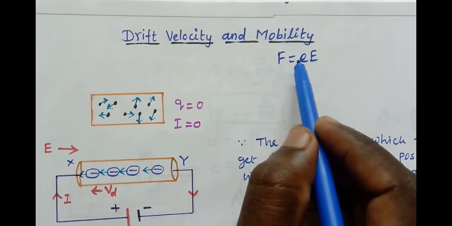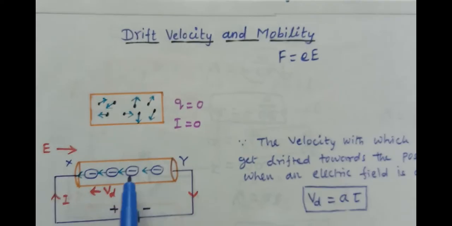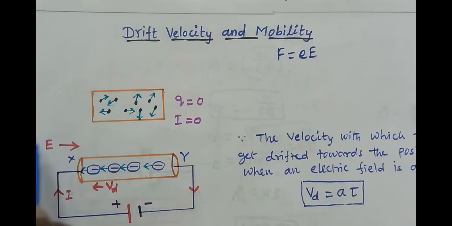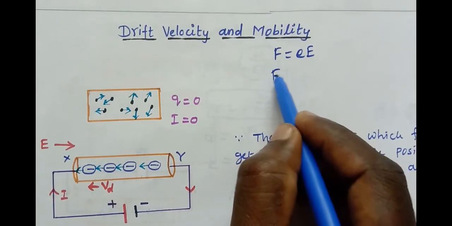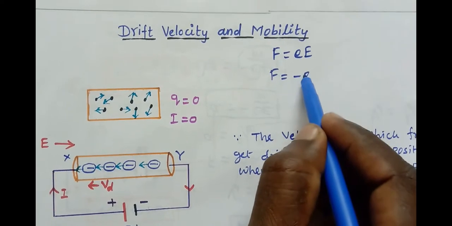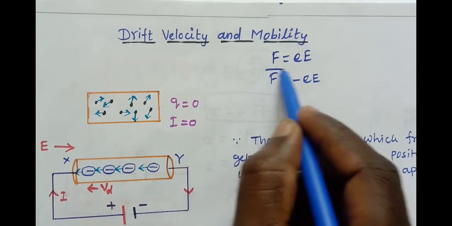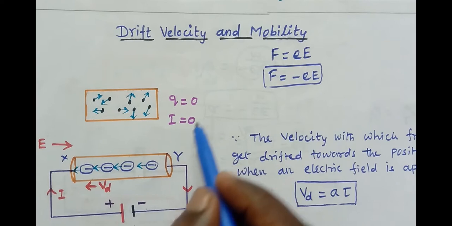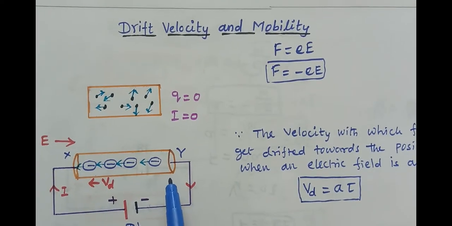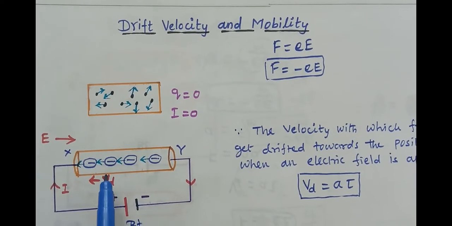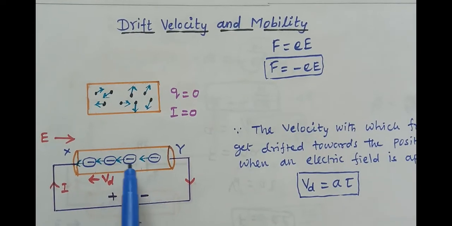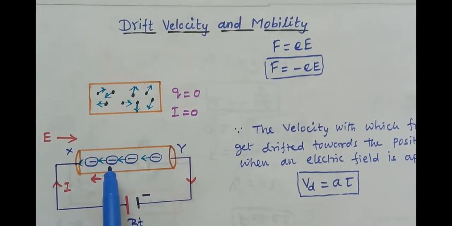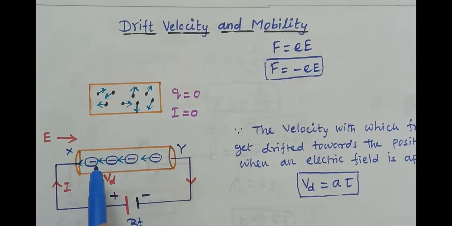The charge of the electron is in the direction opposite to the electric field, so the negative sign indicates that. Therefore F is equal to minus eE. This is the experienced force. And free electrons are accelerated, and in the process they collide with each other and with the positive ions in the conductor.